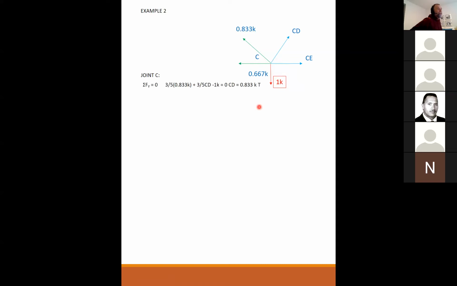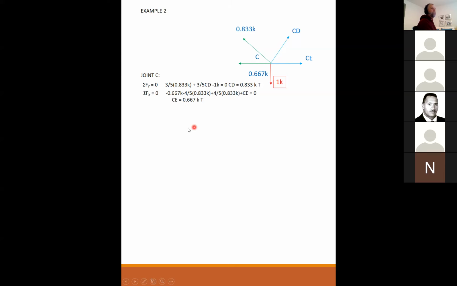So now, if I sum all my forces from the Y direction, I have 3/5 of this 0.833 going up. I have 3/5 of CD going up, and I have minus 1 kip. And so solving for CD, CD is 0.833 kips, and it is in tension.